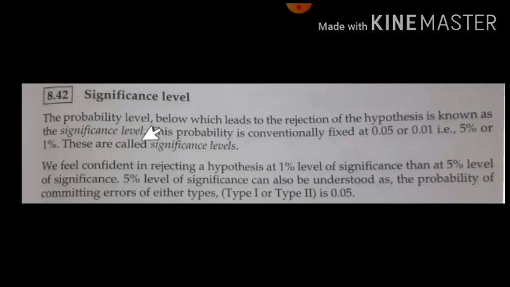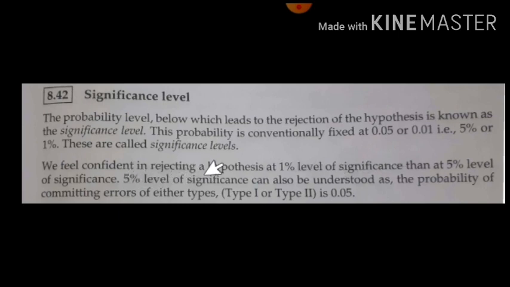Which is that level? There are prominently two levels. For convenience we have fixed the 5% level and the 1% level of significance, where we are going to reject the hypothesis. So we feel confident in rejecting the hypothesis at the 1% level of significance and the 5% level of significance.